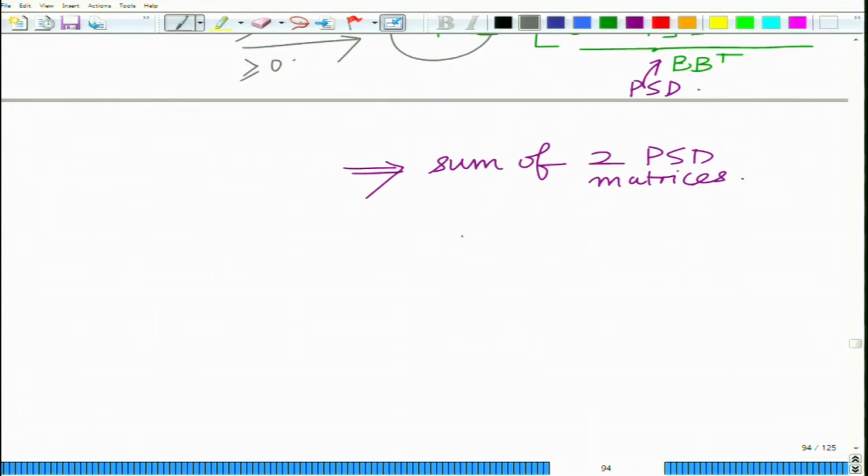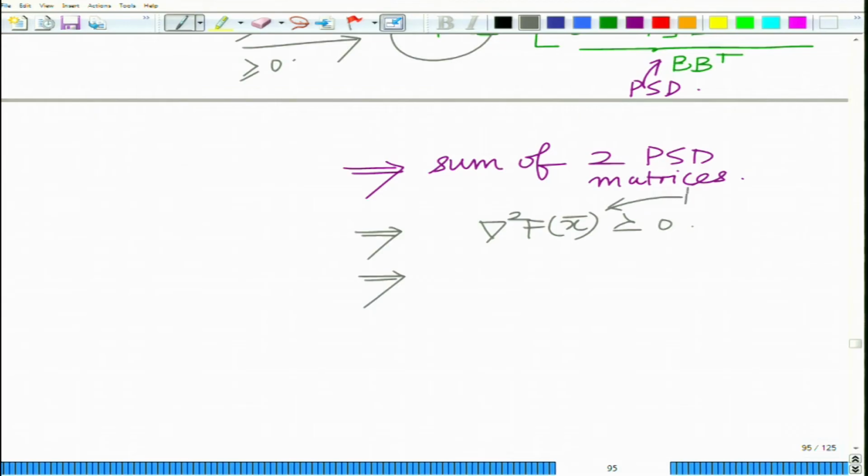Therefore, these are positive semi-definite matrices weighted by positive factors. So, these are positive, so the resulting matrix is positive semi-definite. So, that means the Hessian is positive semi-definite.